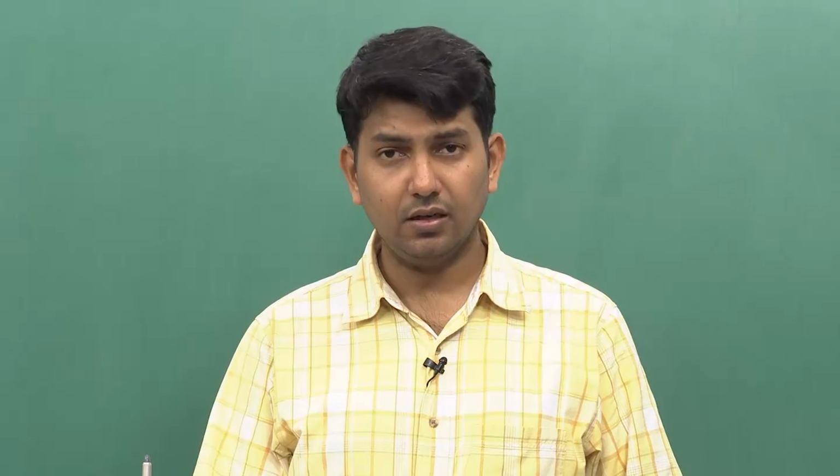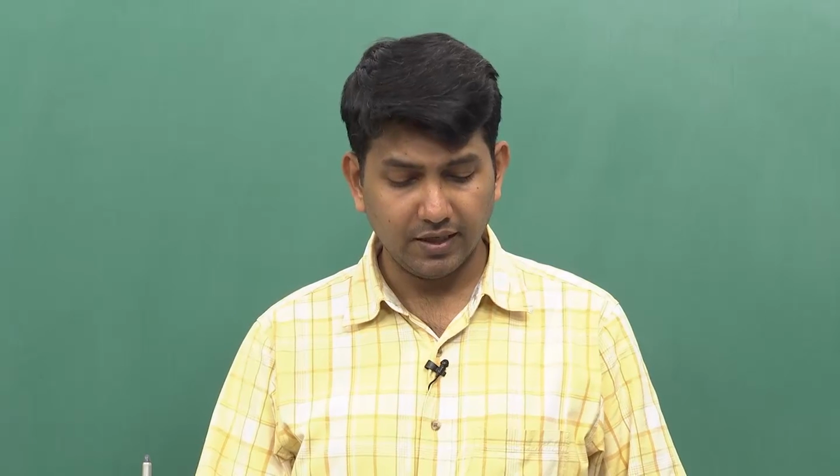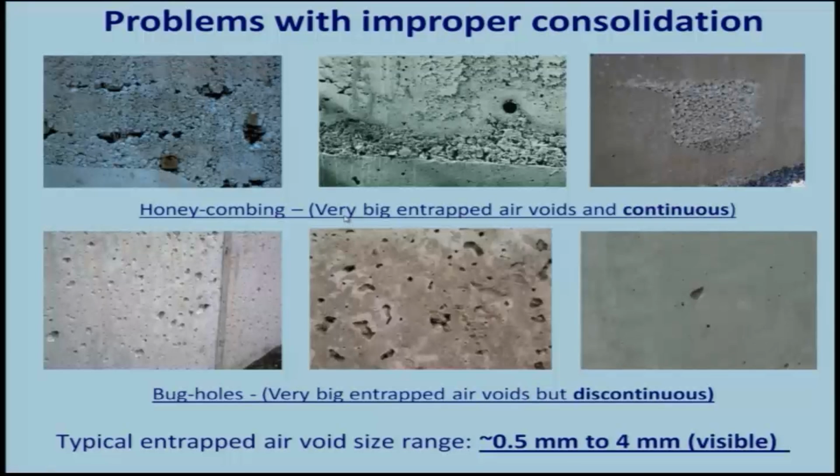Now, if you do not compact or consolidate the mixture properly, typically we result in two types of cases. One is honeycombing, where the entrapped air voids are very big in size, and not only that, the voids are also continuous. In the other case, we can have bug holes, which are also very big entrapped air voids, but the only difference between a bug hole and honeycombing is that these voids are discontinuous.